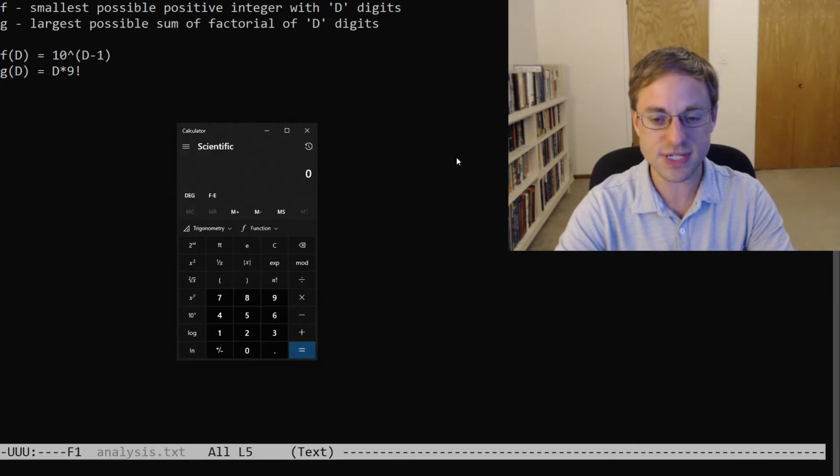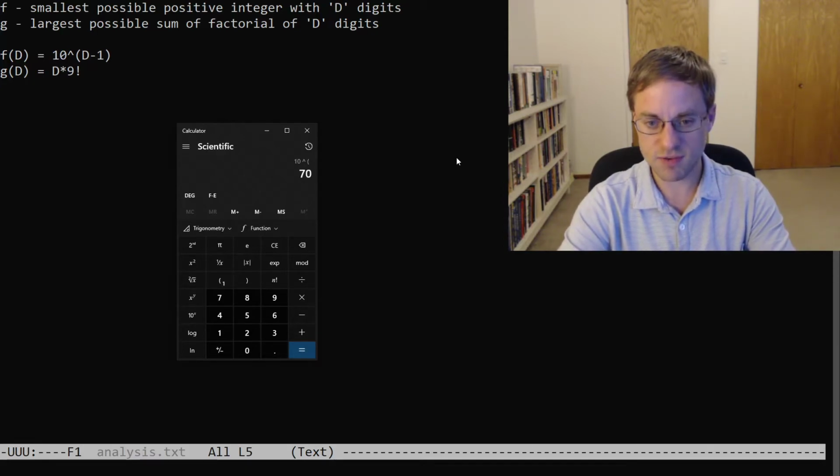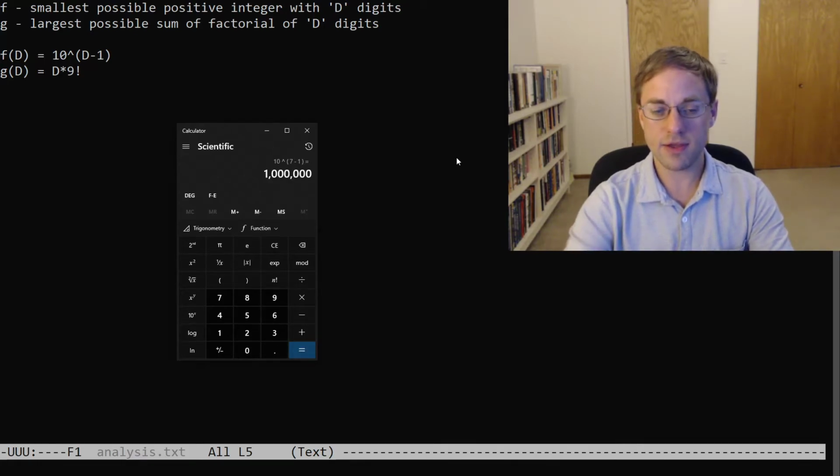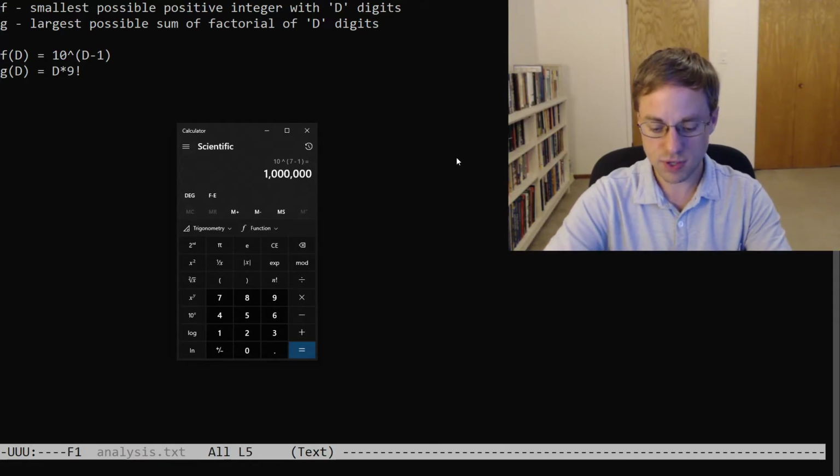So let's consider d equals 7. We'll notice that 10 to the 7 minus 1, you really don't even need a calculator to figure this out, is going to be 1 million. The smallest positive integer with 7 digits is 1 million.